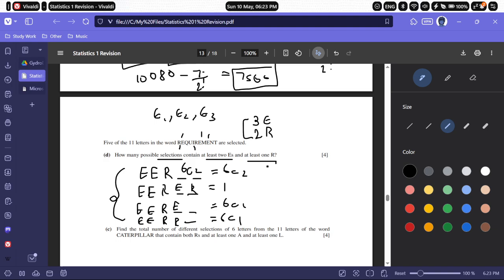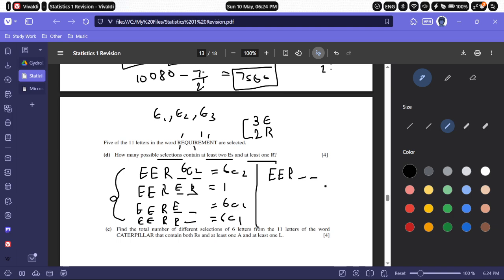Now, however, there's a better method that you can use and still get 4 marks. Think about the minimum requirement. There isn't an upper requirement; they're just telling you that at least there have to be these many letters. So E, E, and R, and you're left with how many? Two blanks. It doesn't matter if you have E or R or any other letter; they would all count as cases.